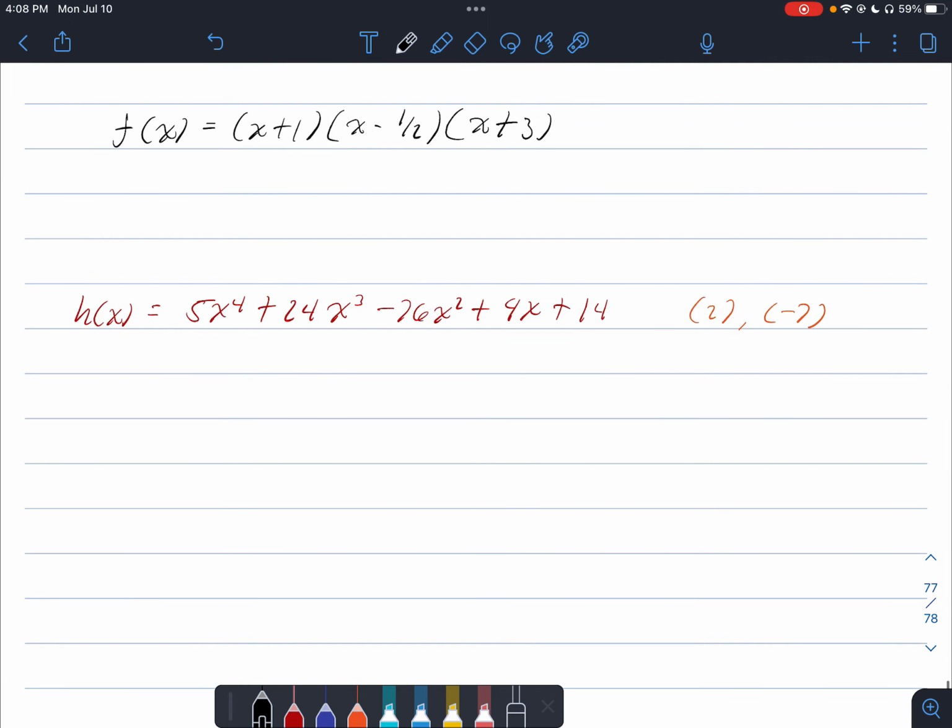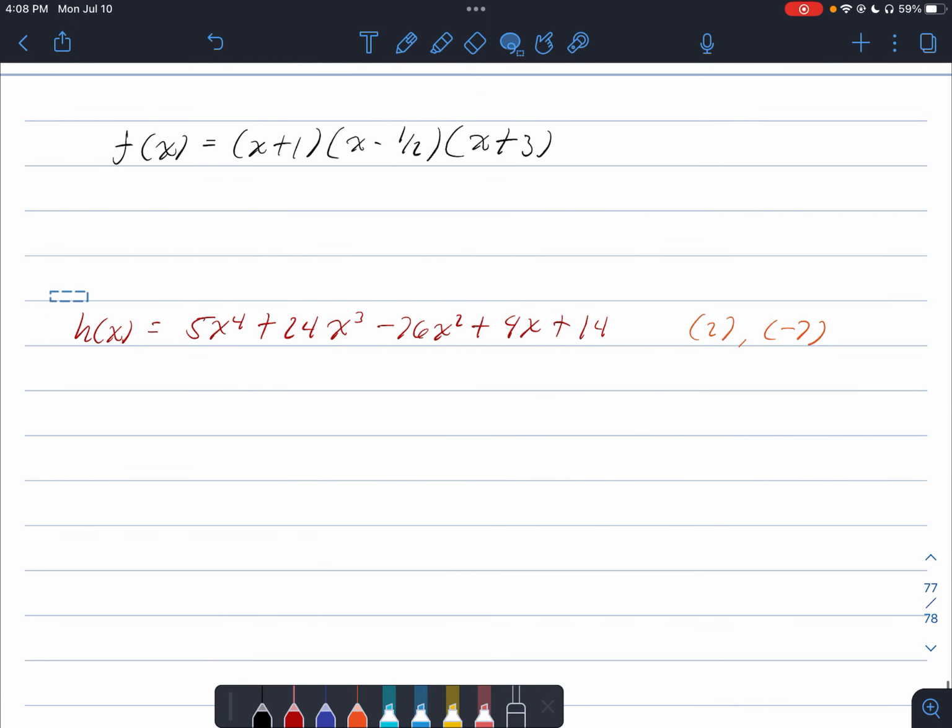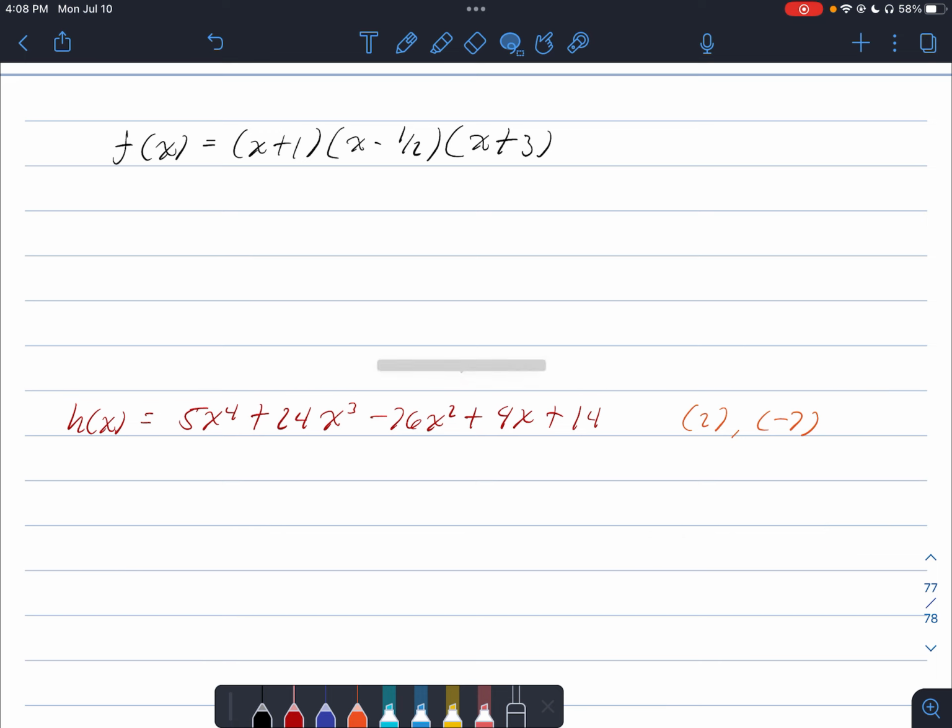All right, and if we want to, I guess actually let's just go ahead and fully FOIL this back out, just so we can confirm that we're actually correct about this. So if we want to, let's go ahead and do this first one here. So this will give us x squared minus 1/2 x, okay, plus x minus 1/2.